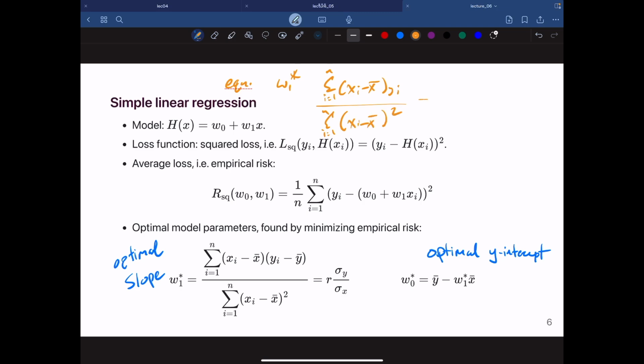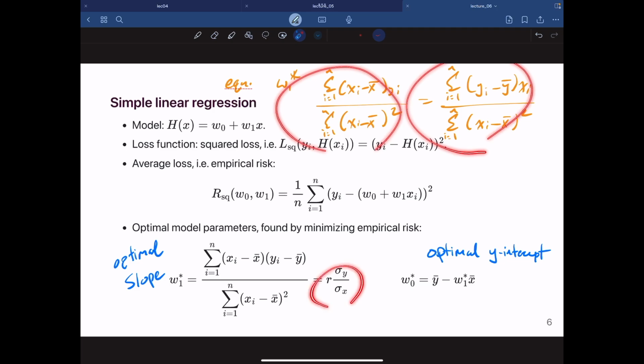And we've also seen it in this form, where this would be the sum of y i minus y bar times x sub i, over the sum of x sub i minus x bar squared. So there are a few different ways that we've seen as equivalent ways to look at the optimal slope. Just remember those things. It's important to know that those all wind up being equivalent ways of describing the optimal slope.